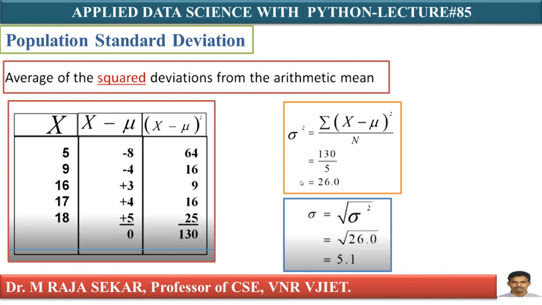So you take the formula for variance, put it under the square root sign, and that will give you the standard deviation of your data. Here sigma is the standard deviation and sigma squared is the variance. Putting sigma squared under the square root gives the standard deviation. Here 26 is sigma squared, and the square root of 26 is 5.1, which is the standard deviation.